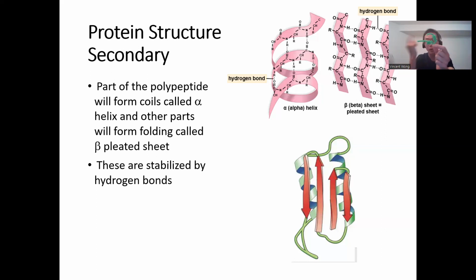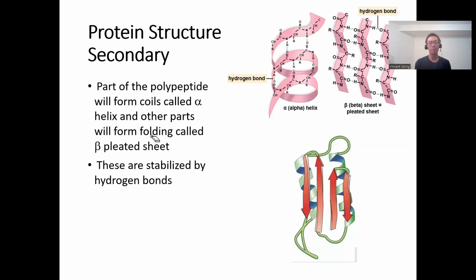So whether it forms the coil or the zigzag, that's the secondary structure. The protein can have only coils, that's fine. It might have only zigzag, that's also fine. Or it might have some combination of both.